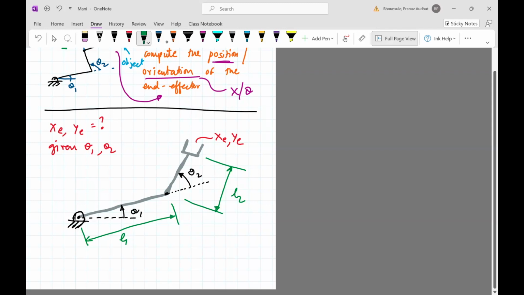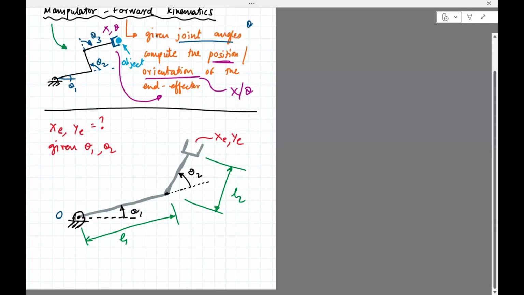So let's say that this first point over here is O, this is say P, and this is Q. But then let's just call that E because we call this XE, YE.